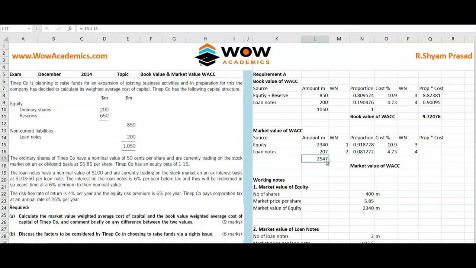So they have come. So now it's again just this formula. Check it once whether the formula is working properly. Proportion into cost, and proportion into cost, it comes. So now you can take this formula and paste it here. So check whether it's adding correctly. Yes, it adds correctly. So this is the answer.